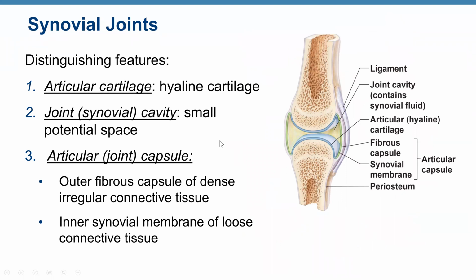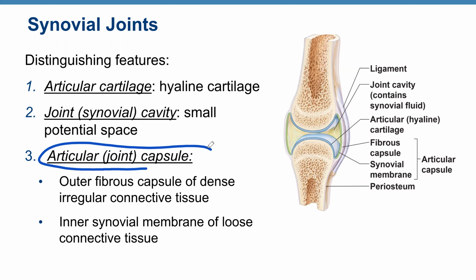Okay, so distinguishing features of a synovial joint include articular cartilage. So if you see the bone over here, and this blue line represents our hyaline cartilage, that is called articular cartilage. Then we have the joint cavity or synovial cavity. That will be a cavity, and it's a small potential space. Inside this synovial cavity, we have synovial fluid, and the articular or joint capsule.